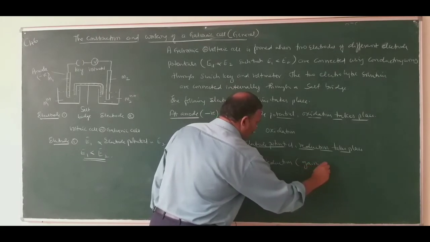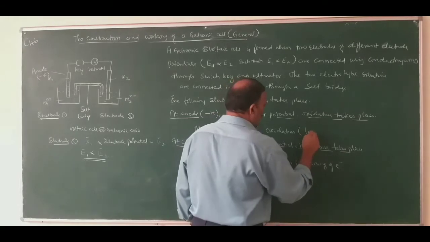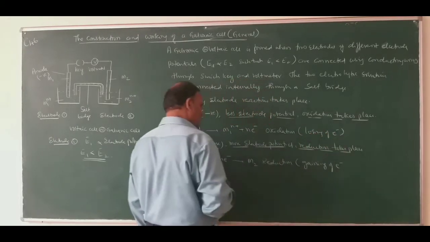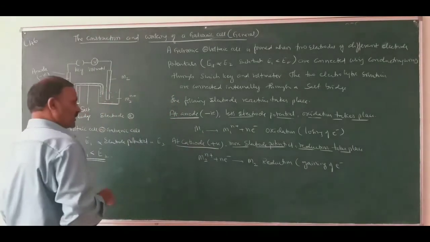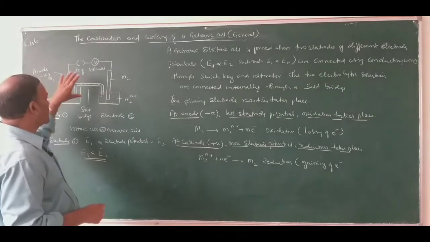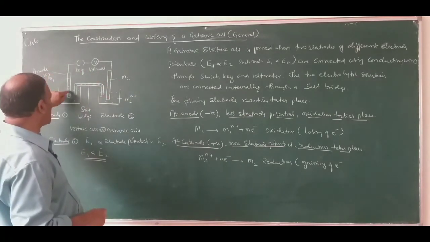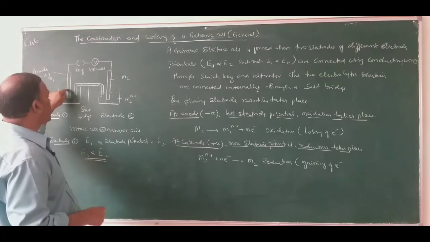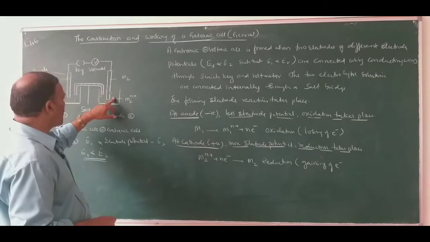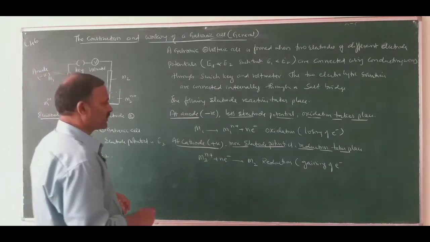Gaining of electrons. Oxidation is losing of electrons, and this is gaining of electrons. So oxidation takes place at the anode, reduction takes place at the cathode. The anode is negatively charged because electrons accumulate on this electrode. Here reduction takes place where the metal ions absorb the electrons and are converted into metal atoms.